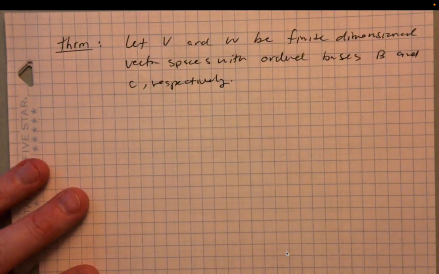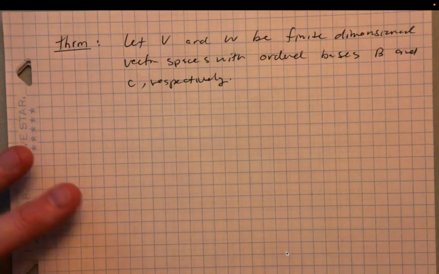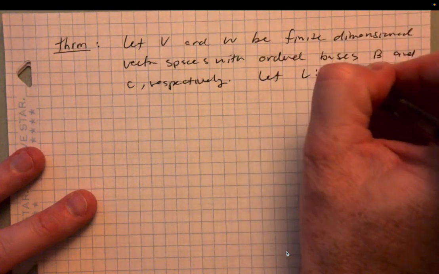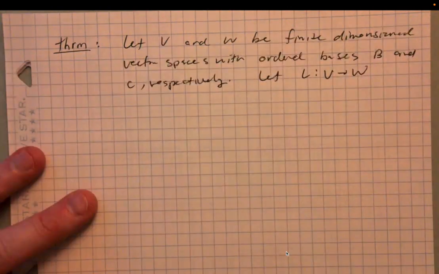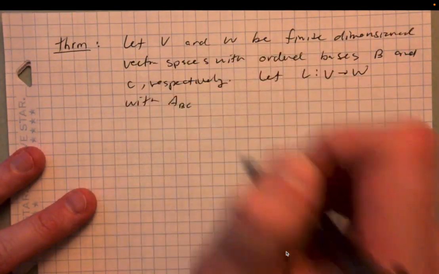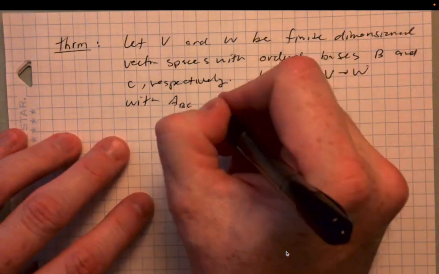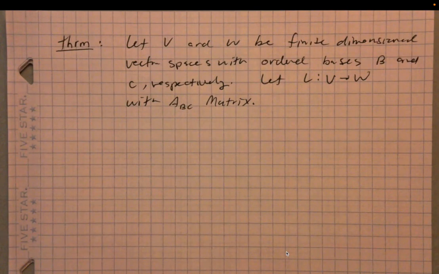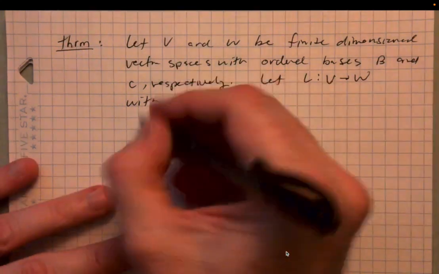Okay, so B is the ordered basis for V, C is the ordered basis for W. And then we're going to let L be a linear transformation from V to W with A sub BC matrix. Okay, so I've got L as a linear transformation from V to W, and A sub BC is the matrix of the linear transformation.